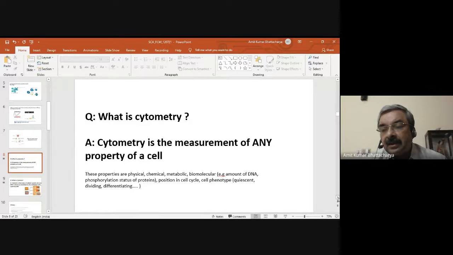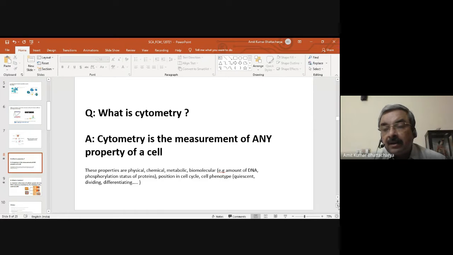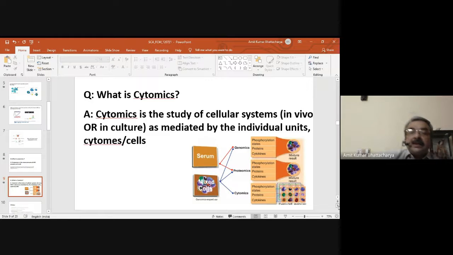And cytomics is that if you are looking at one cell at a time, and at a population of cells, are you able to find how the activity of individual cells is deciding the behavior of the entire population? That's what cytomics is about.